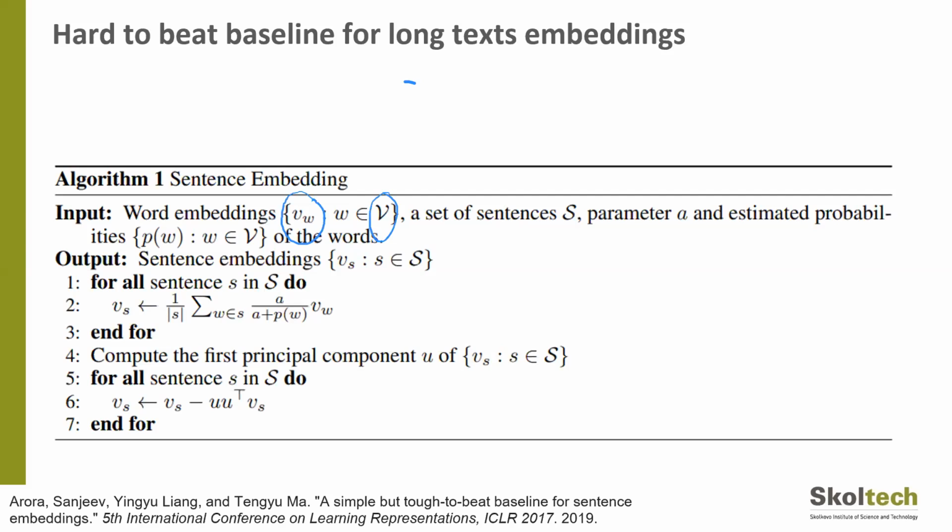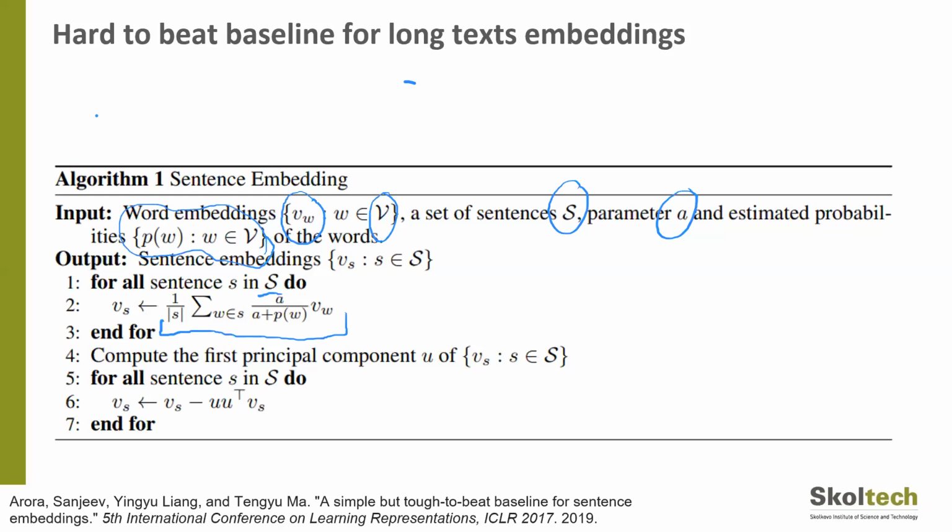And we have a parameter a and probabilities for each of the words calculated from a very large corpus. And we want to get sentence embeddings.